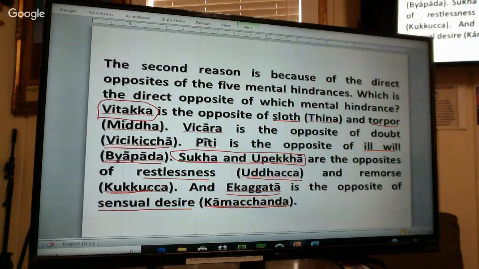So concentration takes only one object, and the other objects cannot disturb. Kamachanda stops. Directly opposed to Kamachanda is Ekagata. That's why only these five mental factors we call jhana factors.